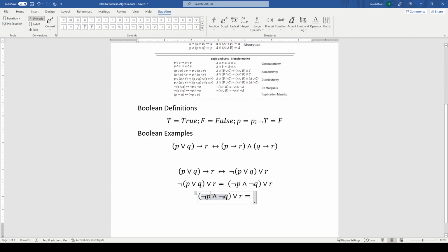And that would set us up to have not P or R and not Q or R. And that is starting to look a lot closer to this, especially if you remember how we applied the implication identity in the beginning. So let's see how we would do that.